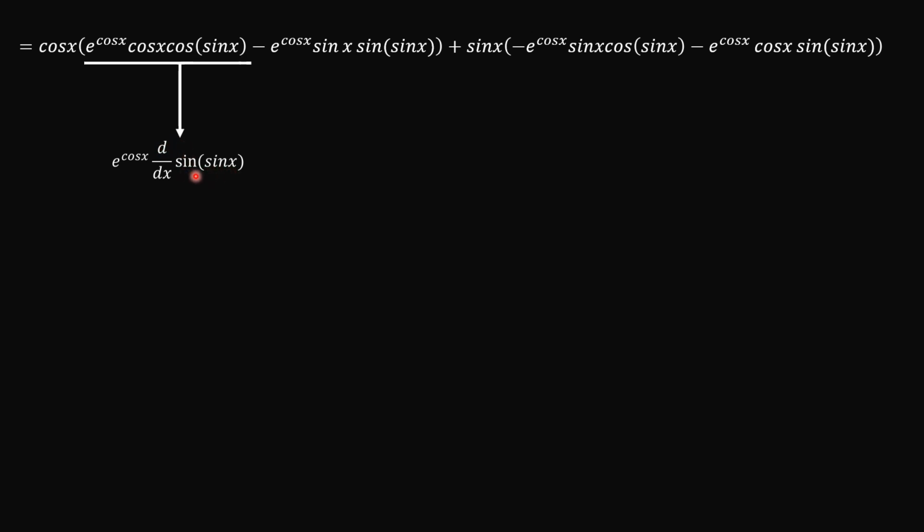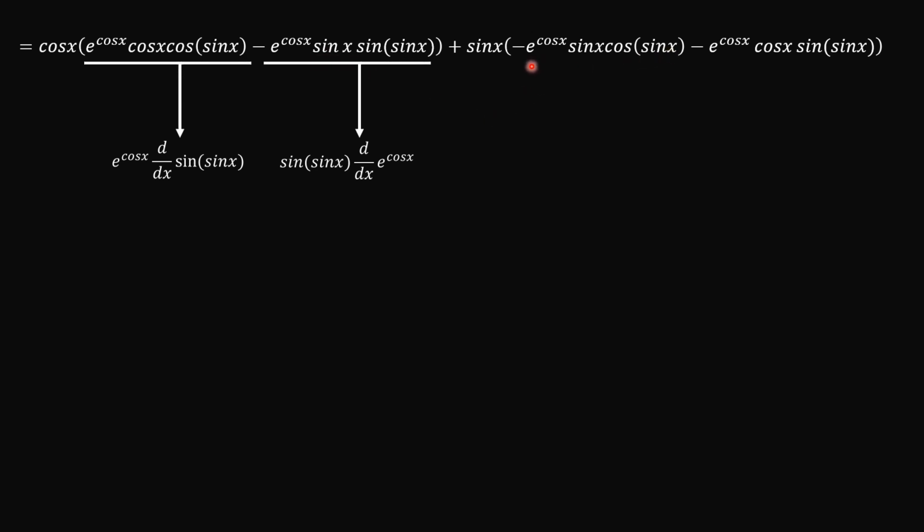So when you differentiate sine of sine x, you get cosine of sine x times the derivative of sine x, which is cosine x. And then when you look at the second term here, it's the same as sine x times the derivative of e to the power cosine x, which is obviously e to the power cosine x times the derivative of cosine x, which is minus sine x.